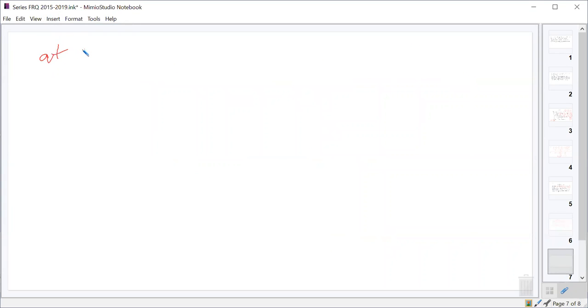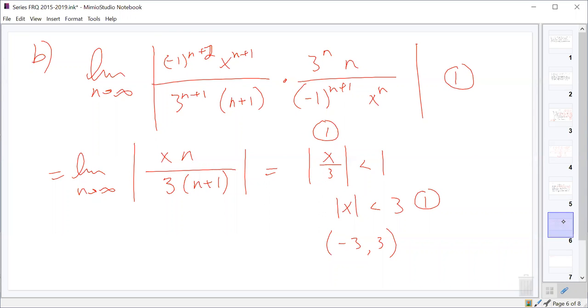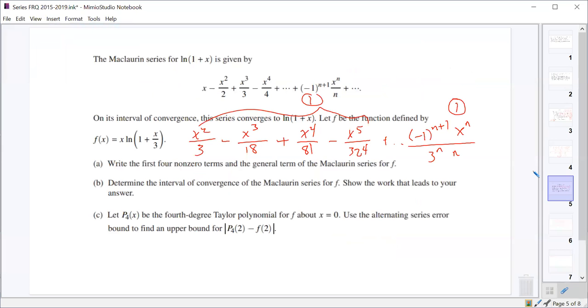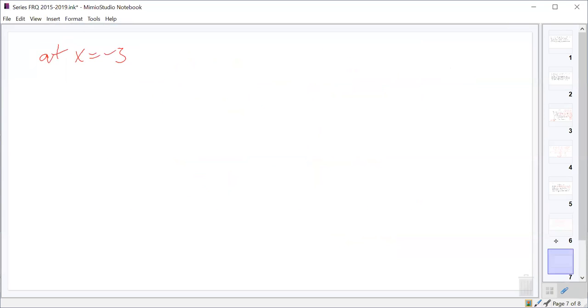So at x equals -3, the series that we are then looking at becomes, if x is -3, this is -1 to the n plus 1, and we'll write -3 as -1 to the n times 3 to the n.